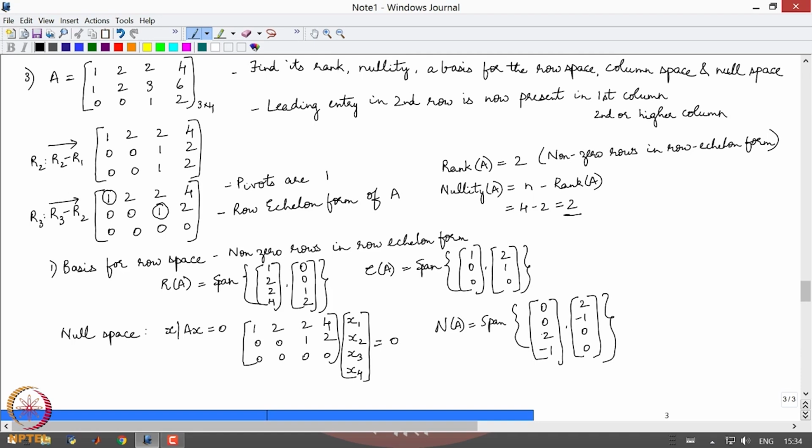You can always substitute these two in here and you will find the product will be 0. And you can also verify that any linear combination of these two vectors, which are the basis of the null space, if substituted in this x, will always result in 0. So, that is as per the null space definition.